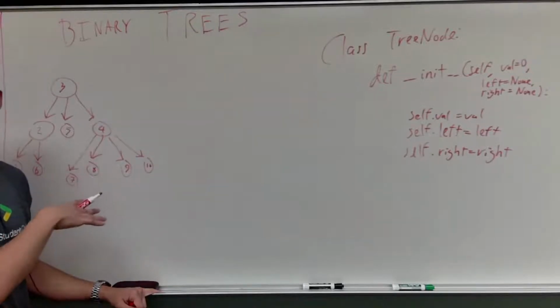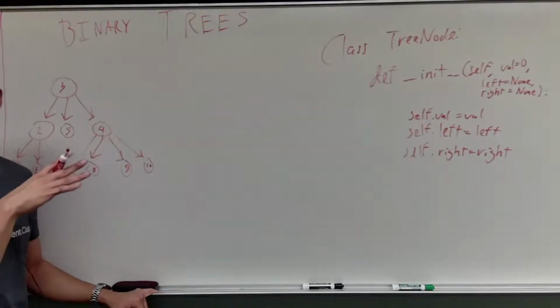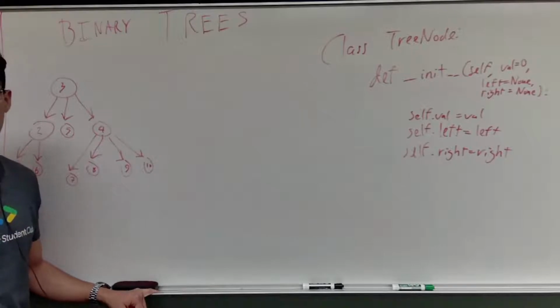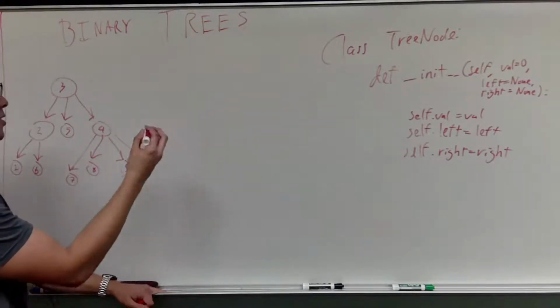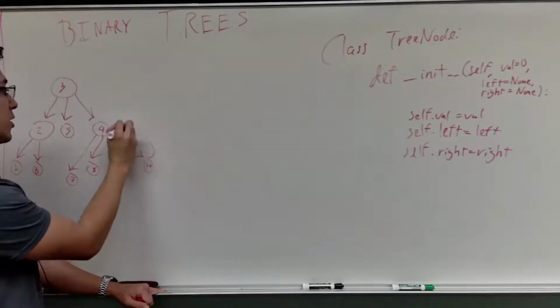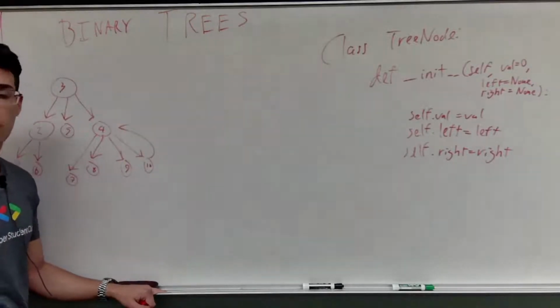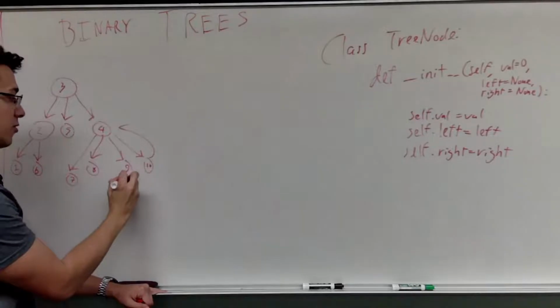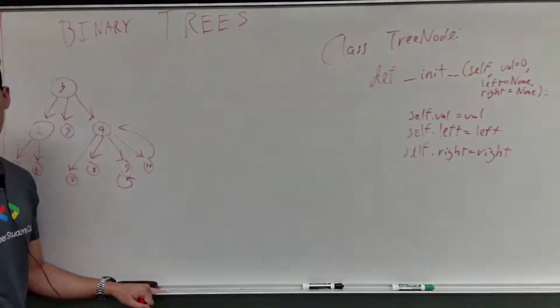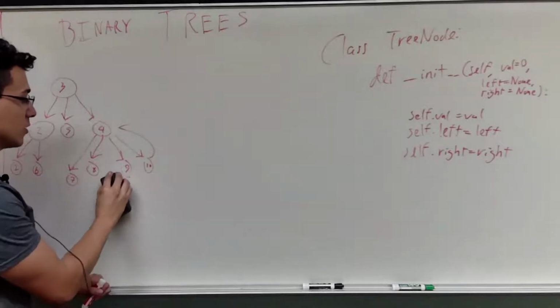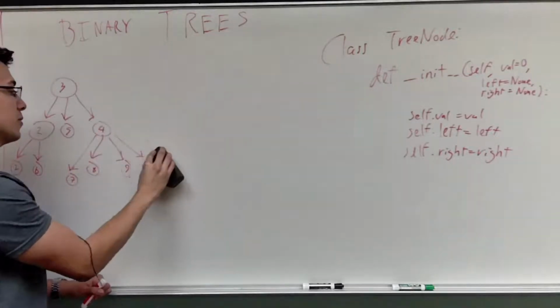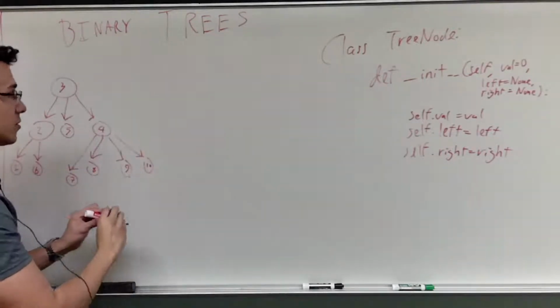But for the sake of this tree, I don't have to color code any nodes, which I'll get into why we do it in graphs. The main reason is because we might run into this or this. That's why we would color code it. But since it's just a tree that goes all the way down, we don't have to worry. So let's do DFS, right?